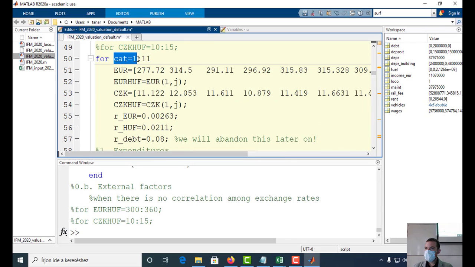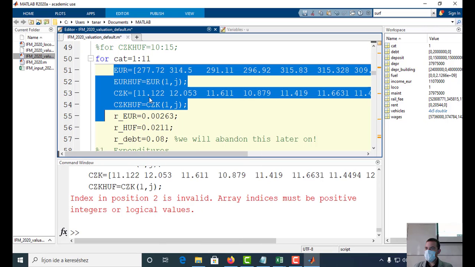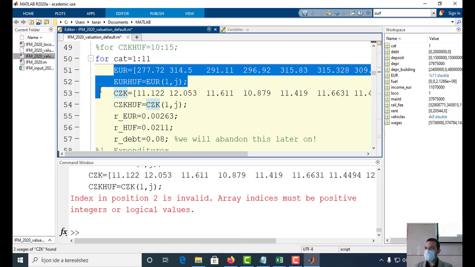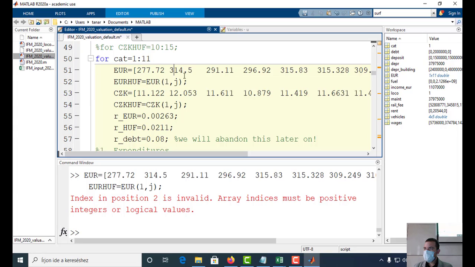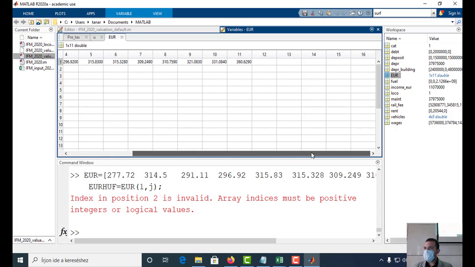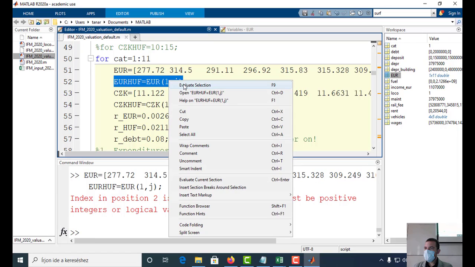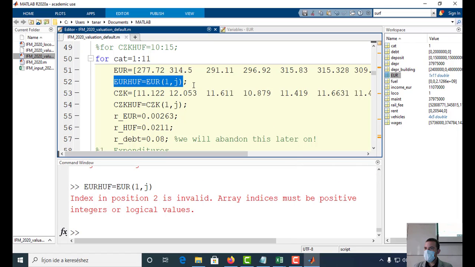Yep. Cat equals 1. What? But why? You have to select. Yeah. Okay. Yes, I have to rewrite it.